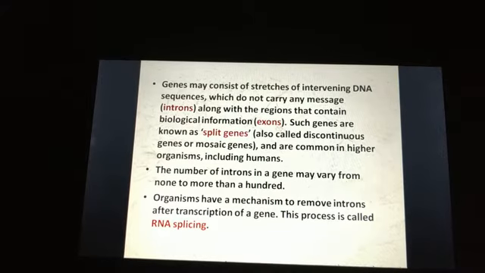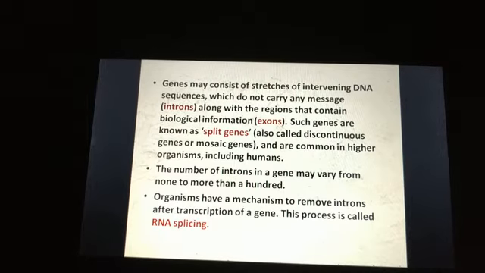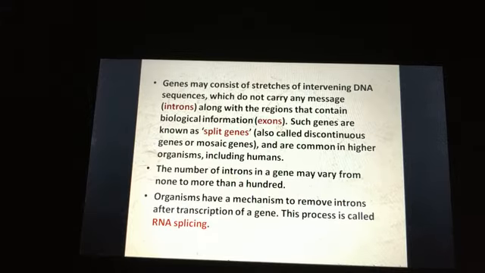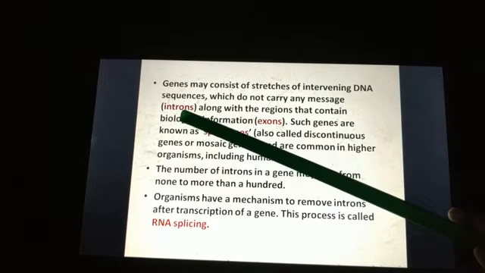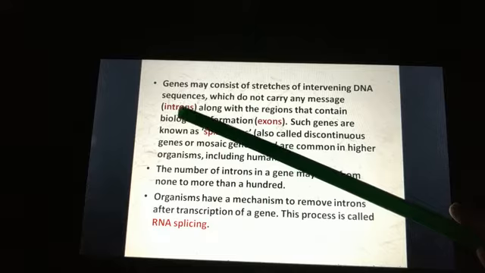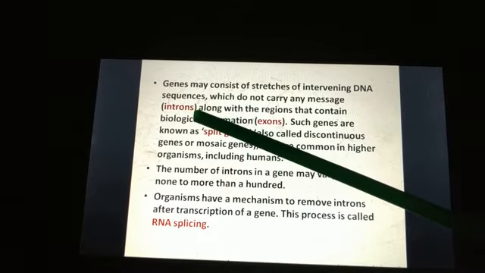Next, we'll study about introns and exons. So let us see what this is. A gene may consist of stretches of intervening DNA sequences which do not carry any message, and these are called introns.